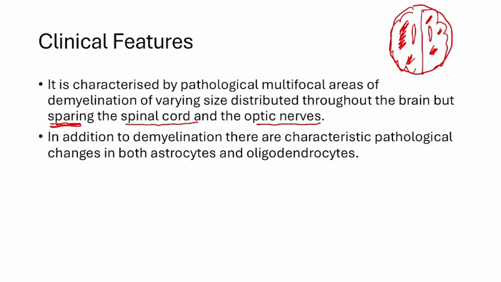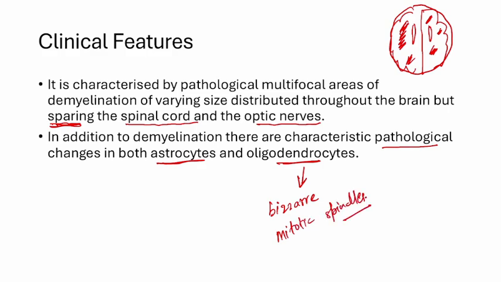There are characteristic pathological changes in both astrocytes and oligodendrocytes. What do I mean by this? There are bizarre nuclei in oligodendrocytes. Mitotic spindles will be seen. The size will be variable.